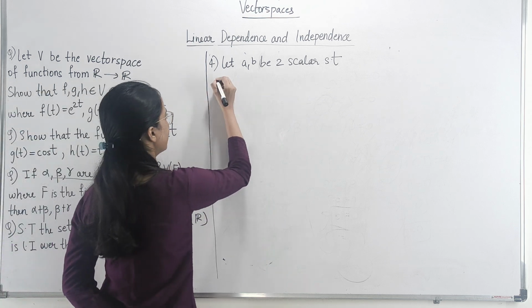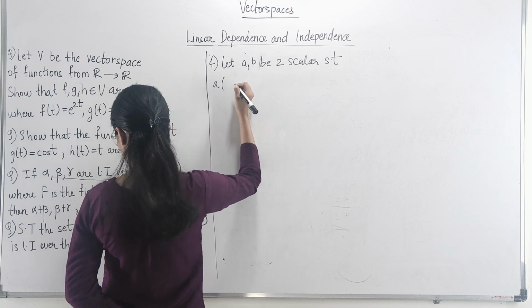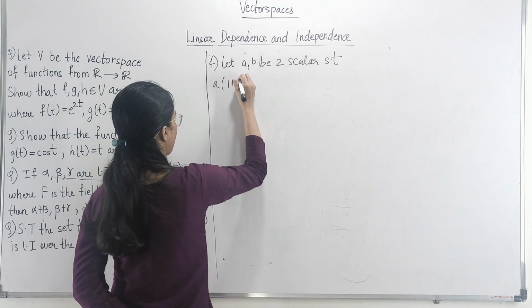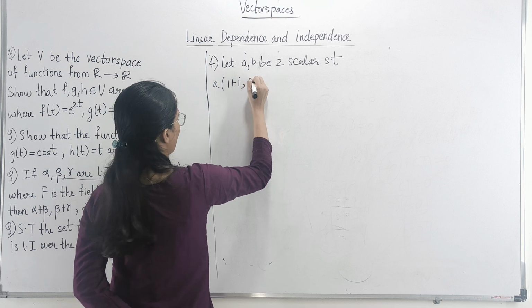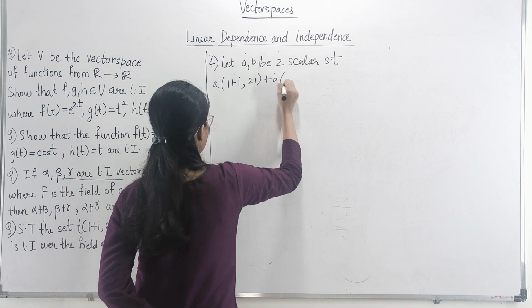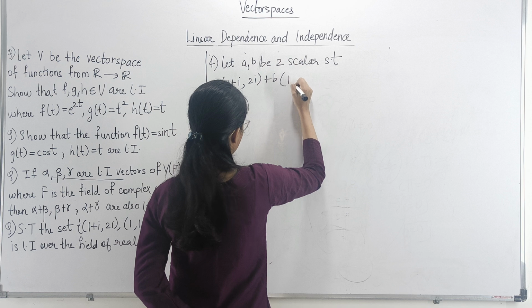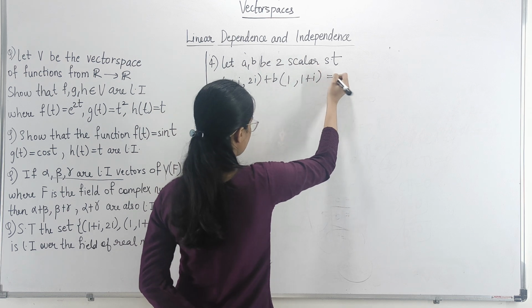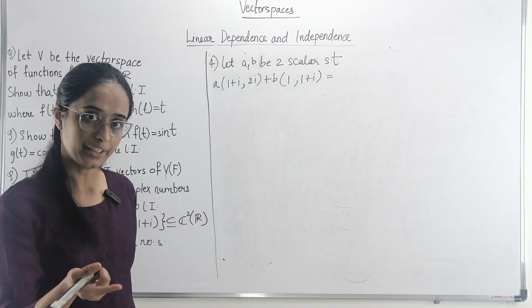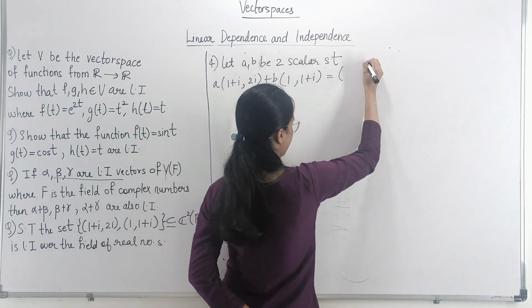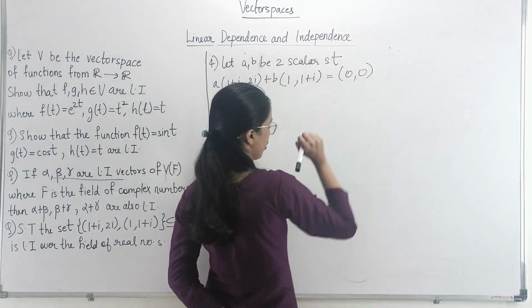So we will write a into the first tuple which is (1 plus i, 2i) plus b into the next tuple which is (1, 1 plus i), and since this is a field over real numbers, the zero vector here would be (0, 0).